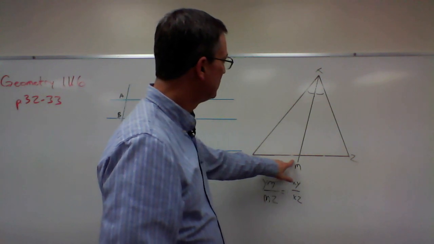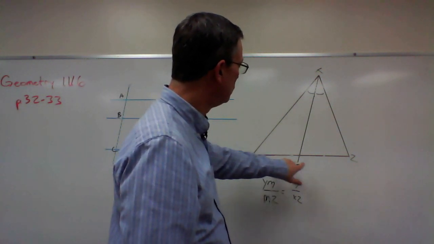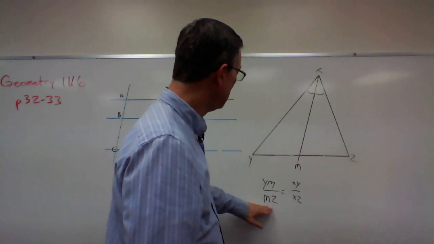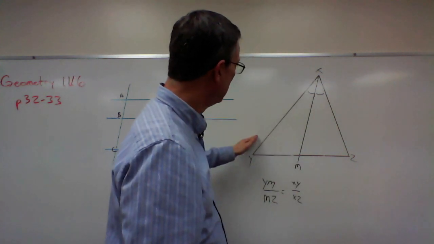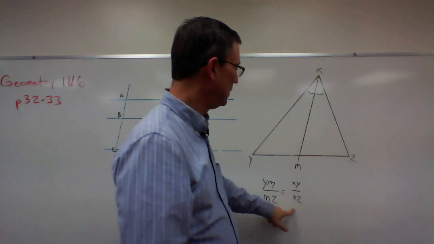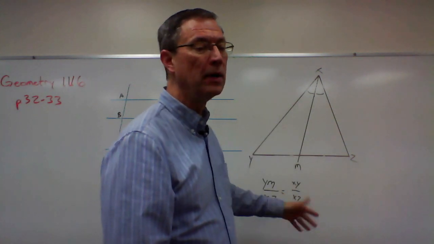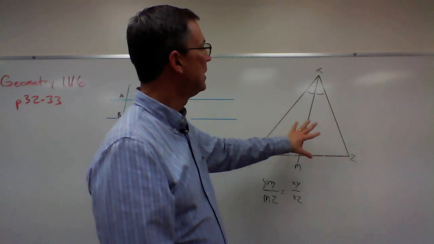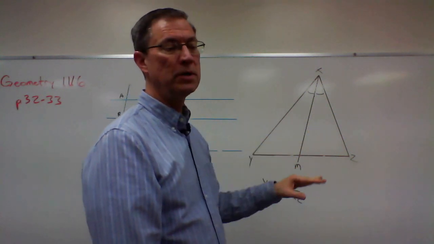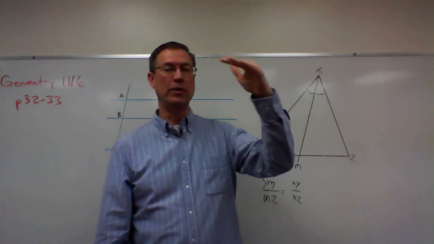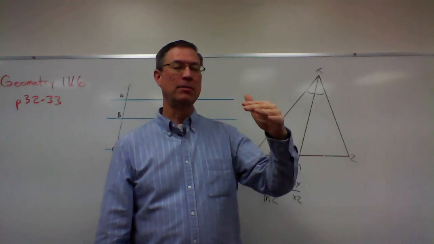So the intersected side, these two pieces, YM is to MZ as XY is to XZ. So I'm illustrating what corollary 3 of Theorem 88 is trying to say. Now, as you go through page 33, you're going to prove the different steps and come to that conclusion.